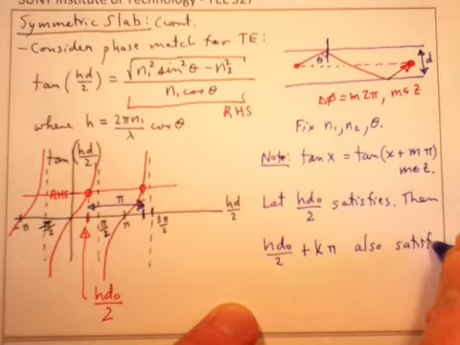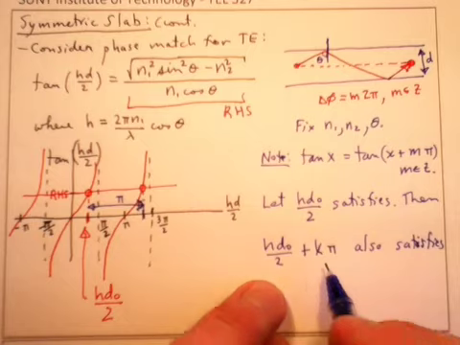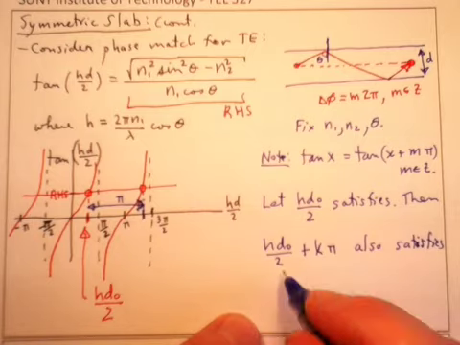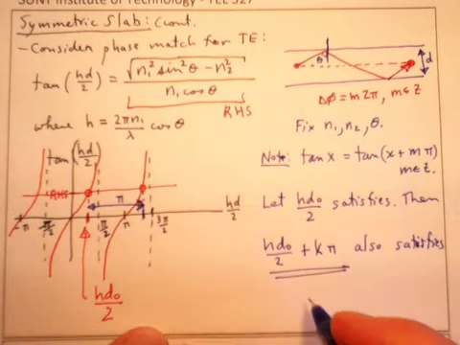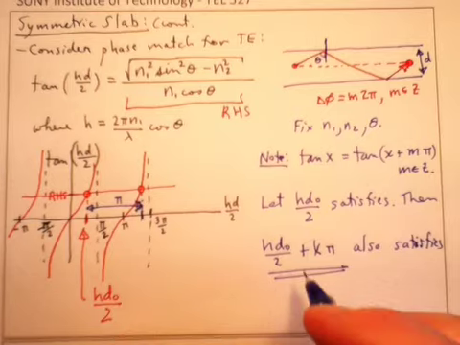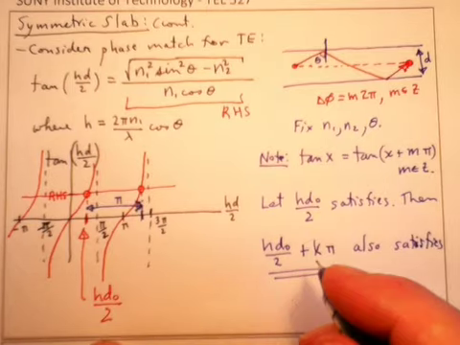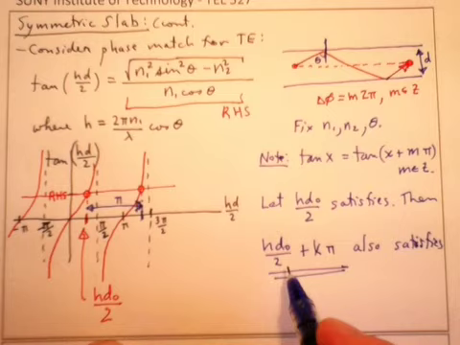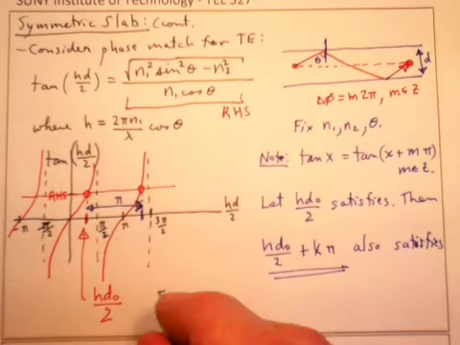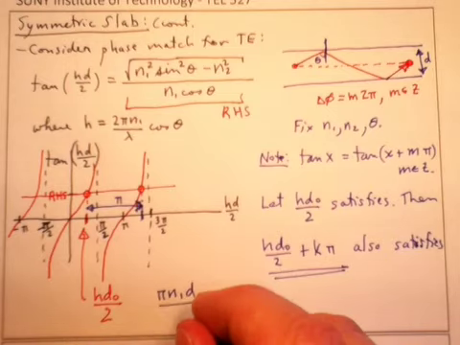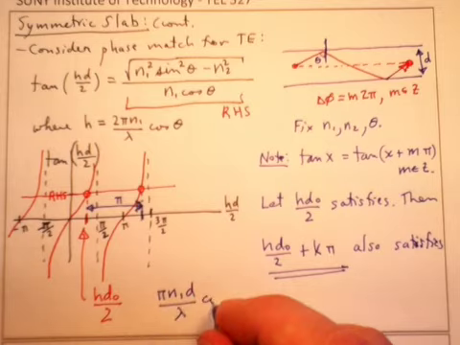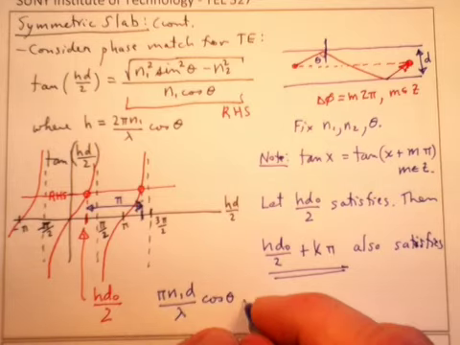Okay, that makes sense. And what I'll do then is write this term as follows. First of all, I'm going to plug in for h, and I'm going to write hd naught over 2 is, let's see, the 2's cancel, and I get pi n1 d over lambda cosine theta plus k pi.